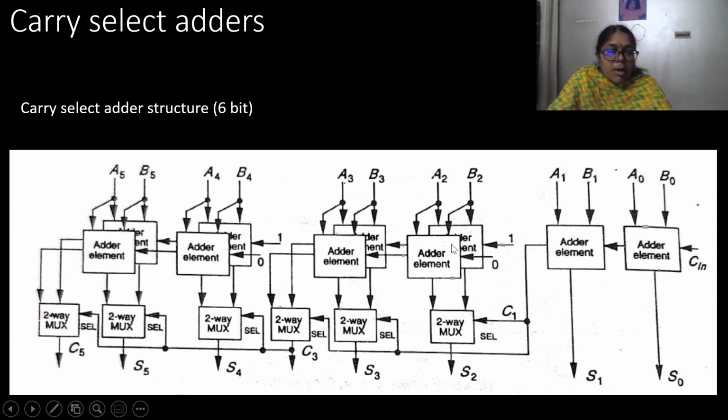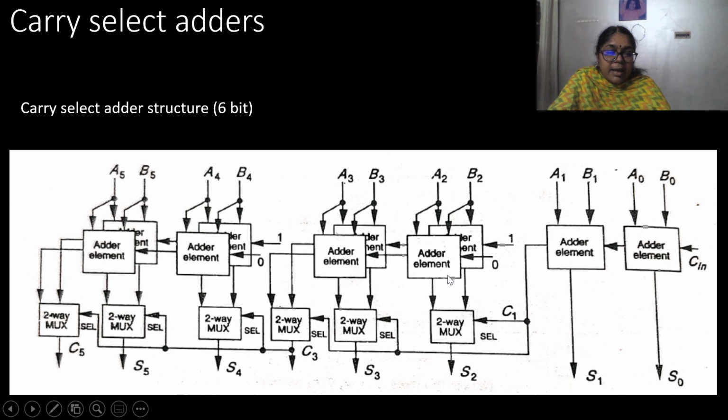That means for each adder element you have 2 parallel paths. You can see here that this adder element is going to take A2 and B2 as the input and Cin as 0 to produce its output. Similarly, the parallel adder element once again takes A2, B2 as the inputs, taking Cin as 1 and producing its output.